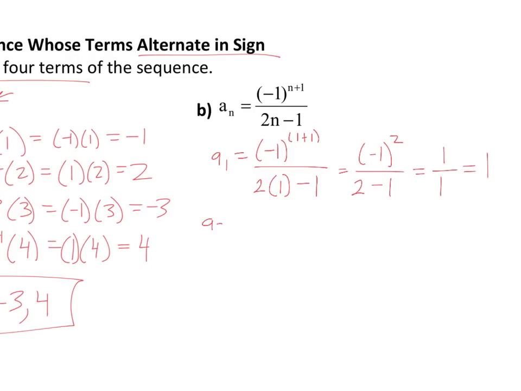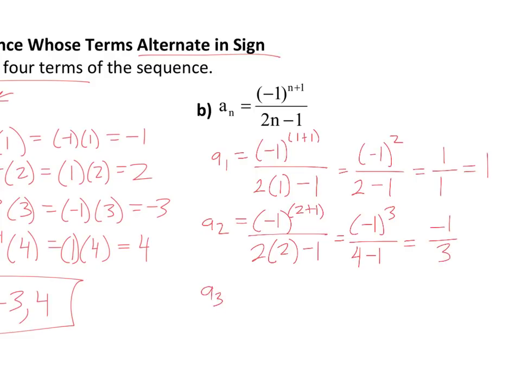All right, a sub 2, I have negative 1 to the 2 plus 1 power, all over 2 times 2 minus 1. So I have negative 1 to the third power, all over 4 minus 1. So I have negative 1 over 3.